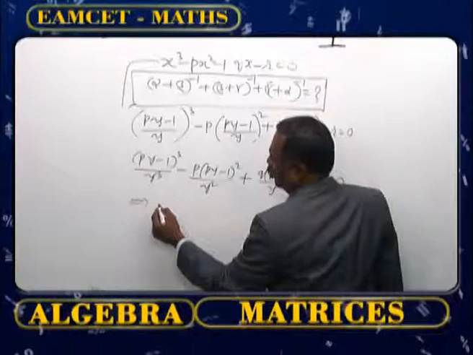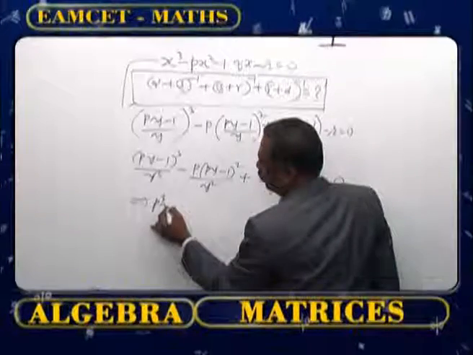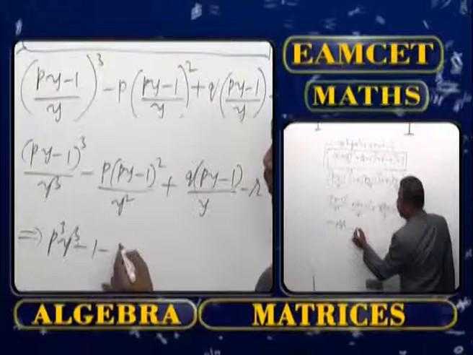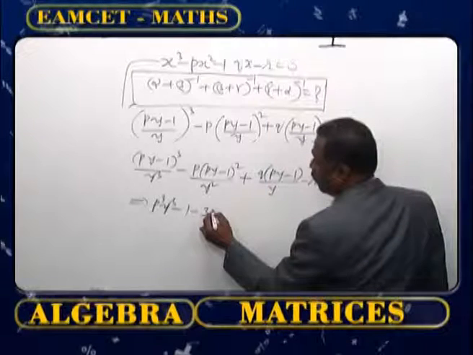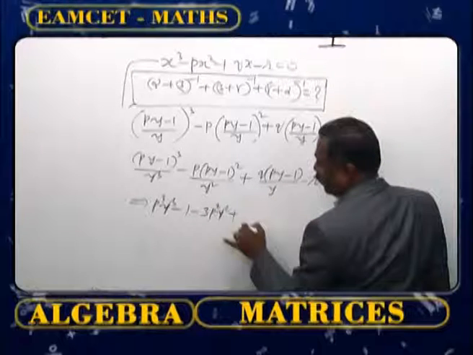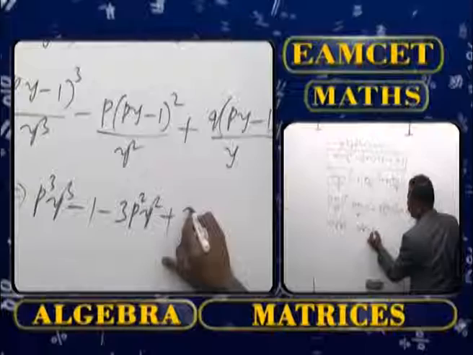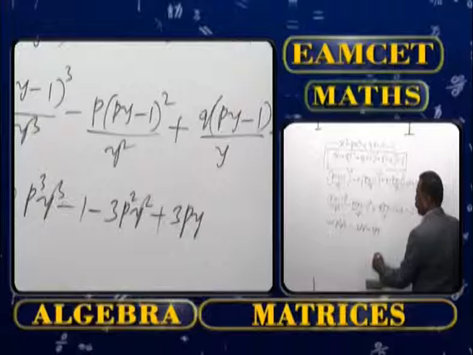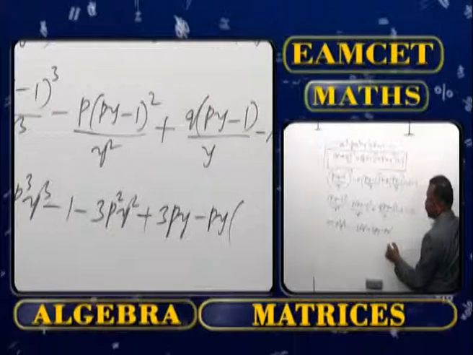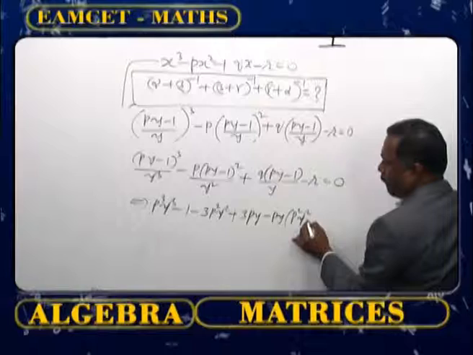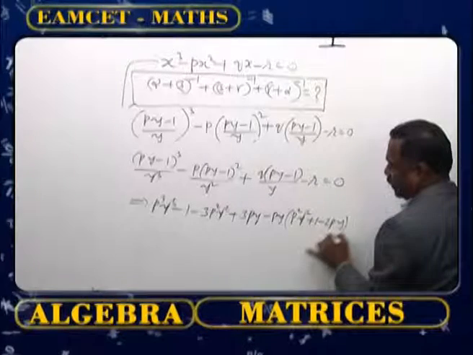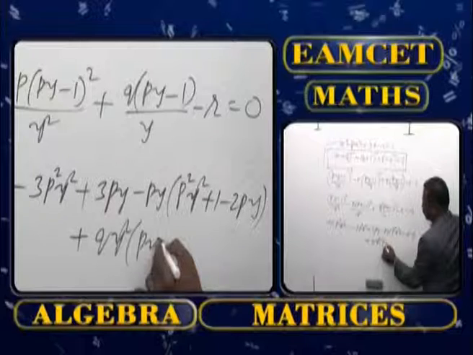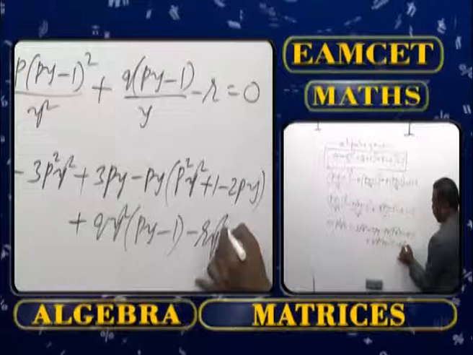(Py minus 1) whole cube, p cube y cube minus 1 minus 3p square y square plus 3py is expanded, minus py into (p square y square plus 1 minus 2py) plus qy square into (py minus 1) minus ry cube is equal to 0.